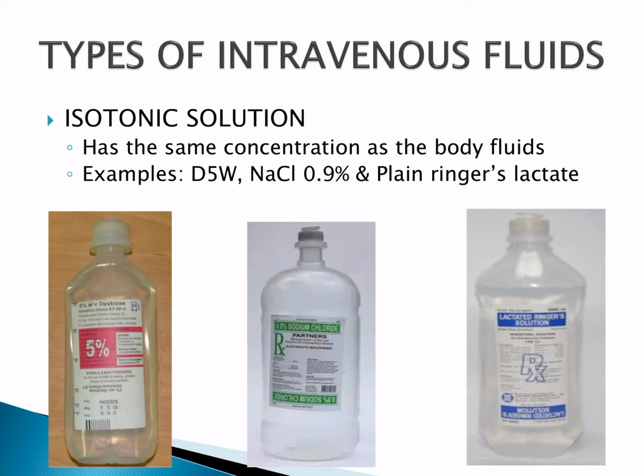So these are considered as isotonic solutions. You have to get familiarized with these solutions. These are commonly administered in the hospital, especially if the doctor orders an IV access for your patient. You have to prepare this solution.